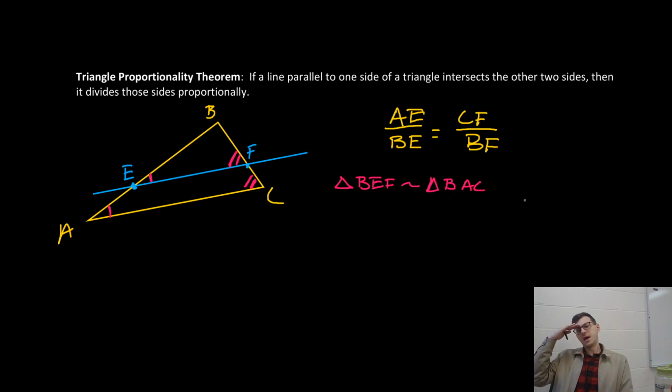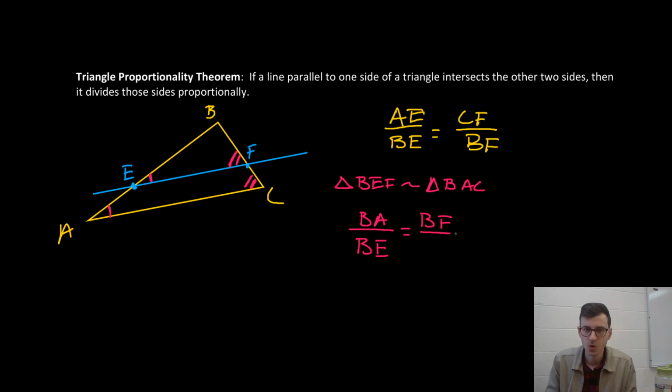Mr. Dussault, why does that matter? Well, it matters because now I can say that BA over BE is equal to BF over BC.